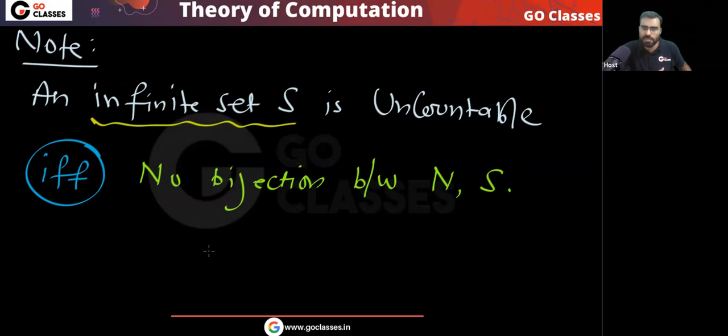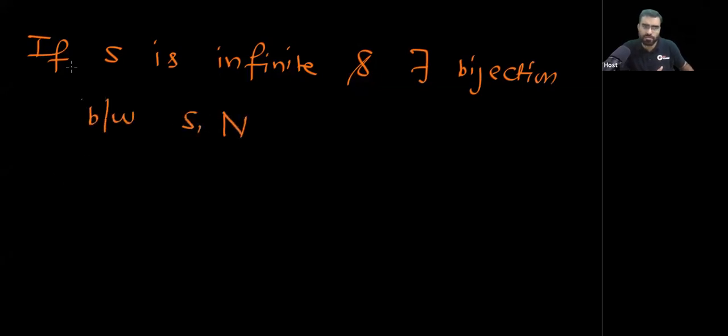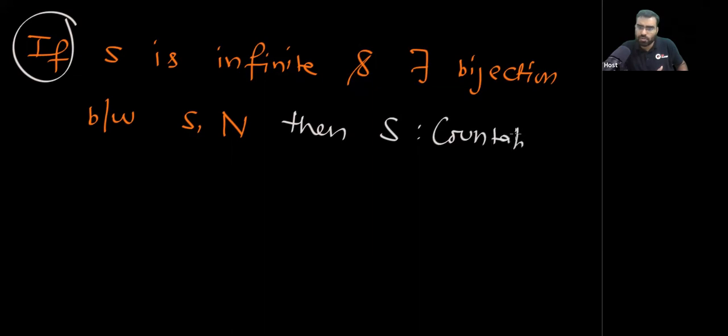Please tell me, did you understand? Remember this point. If S is infinite and there exists a bijection between S and N, then this S will be countable infinite.